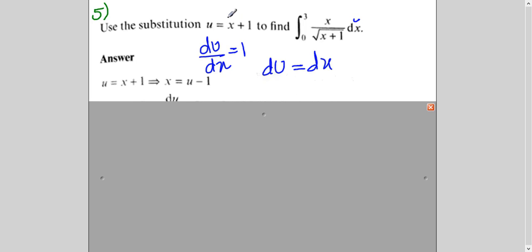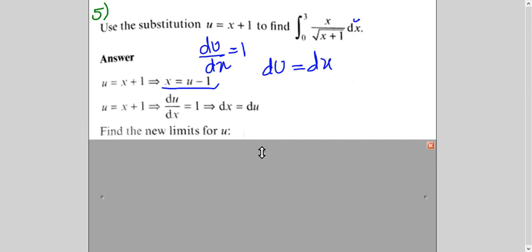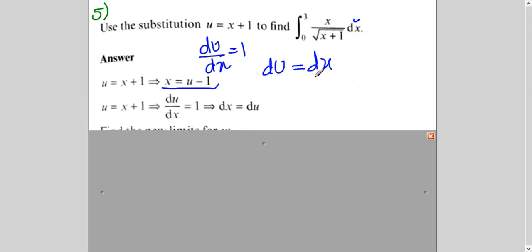So you will make x the subject from here, so it will become u minus 1. Can you see here? So this x will be replaced by u minus 1, this x plus 1 will be replaced by u, and dx will be replaced by du. This is how we do it. So your term will become u minus 1 over root u into du.